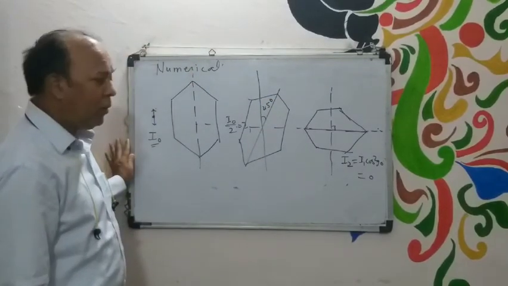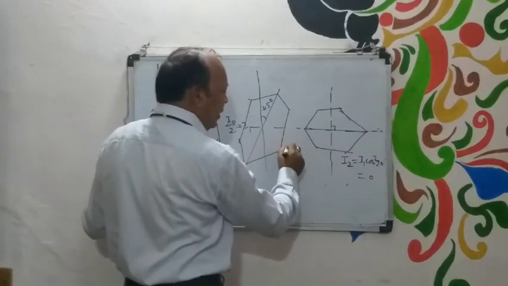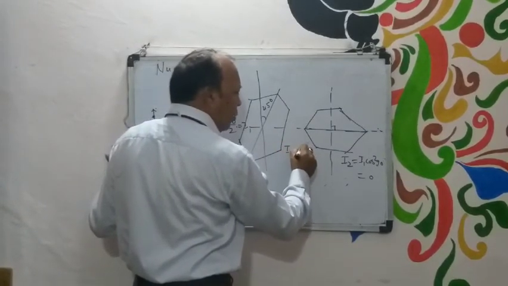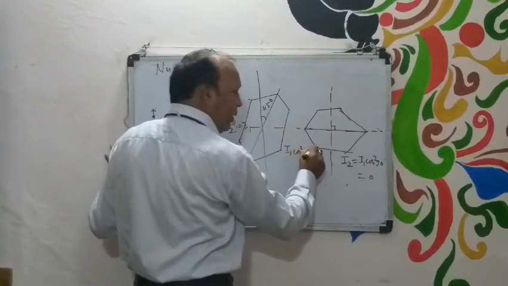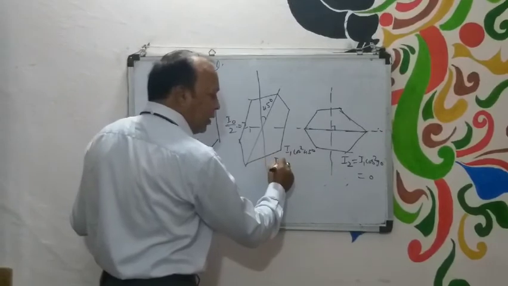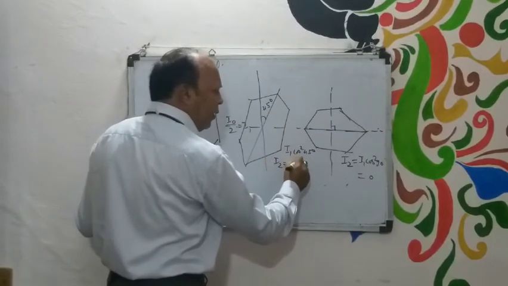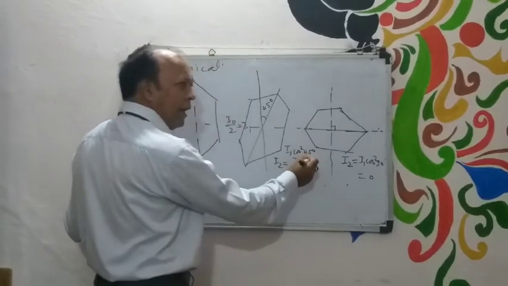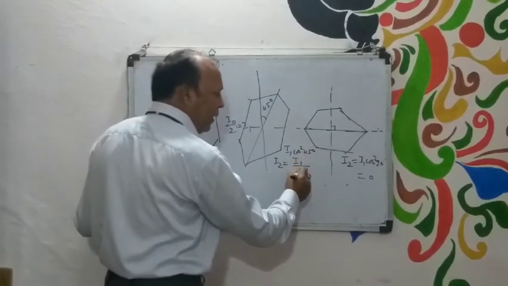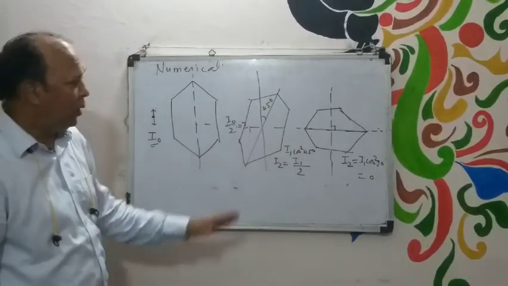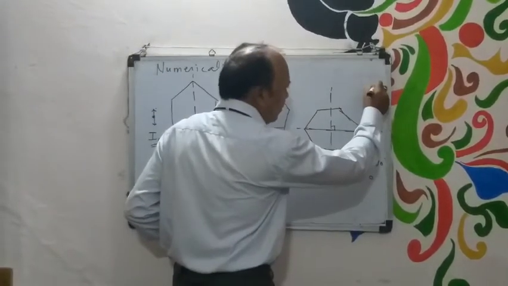Is that clear? So what should be the intensity here? Again the intensity should be I naught cos square 45 degree. Suppose this is I2. So here we will get intensity I1 times cos 45, 1 by root 2, so I1 by 2. Clear? This is intensity I2.